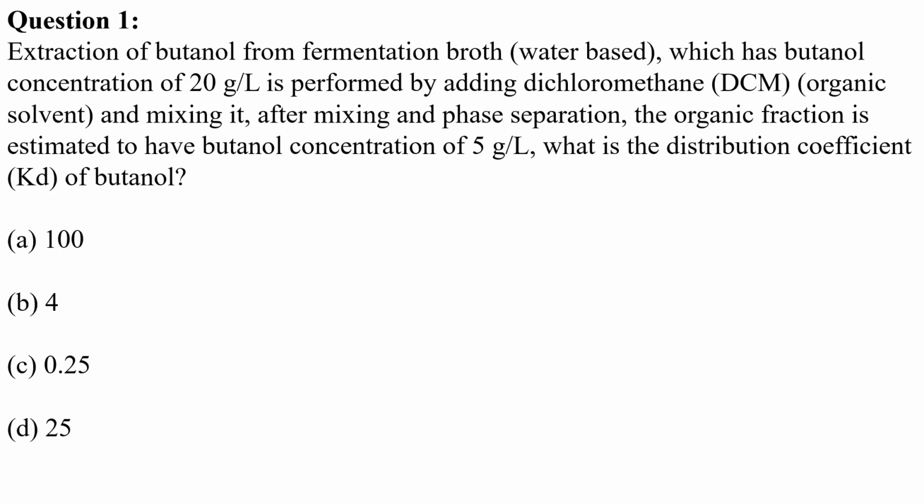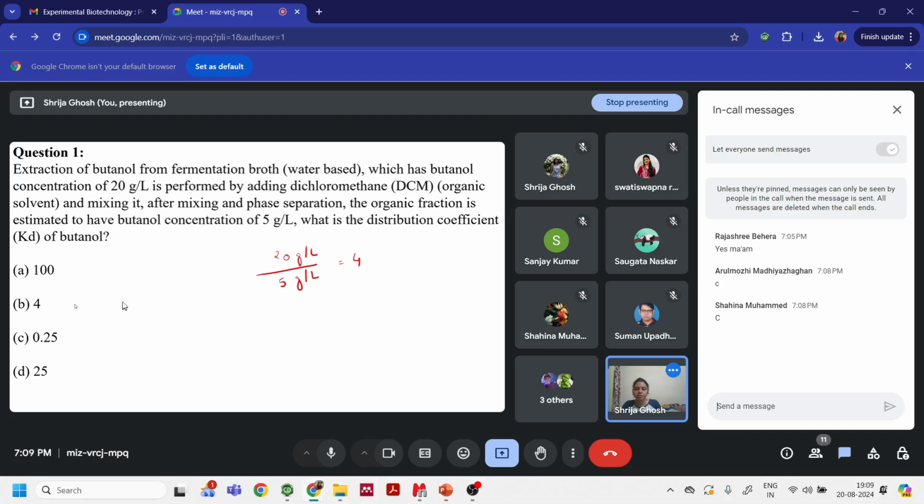Simply, we divide the concentration of butanol in phase 1 by the concentration of butanol in phase 2. That is the simple way to calculate the distribution coefficient. So we will have 20 grams per liter divided by 5 grams per liter, which gives us the answer 4, that is option B.